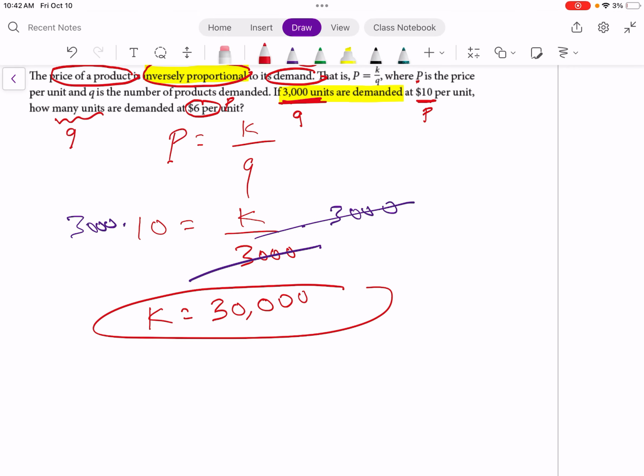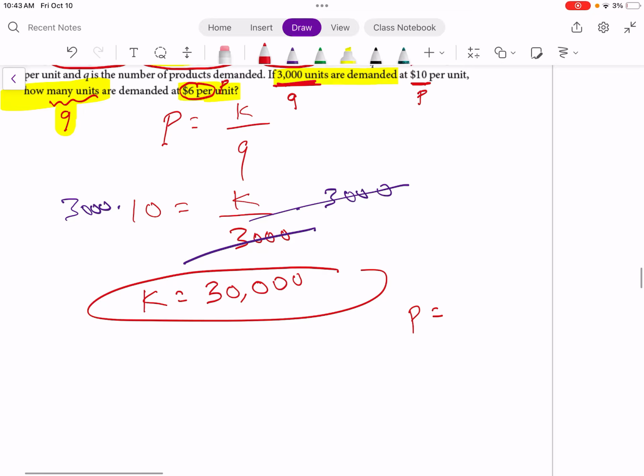In the second case, we have to find how many units are demanded at $6 per unit. So we need to find Q. We use the same formula: P equals k over Q. Our P is 6, k is 30,000, and Q is what we need to find.